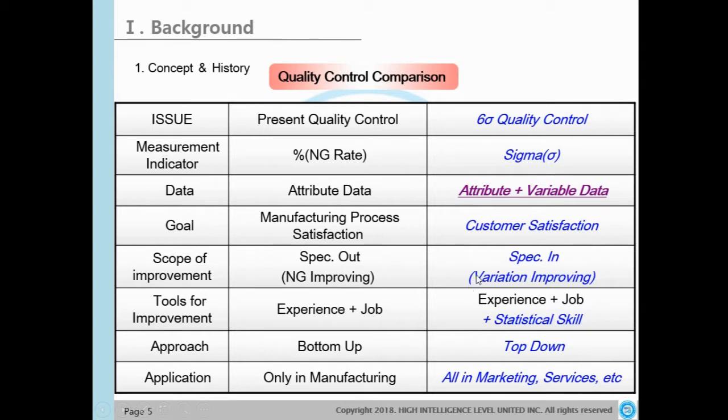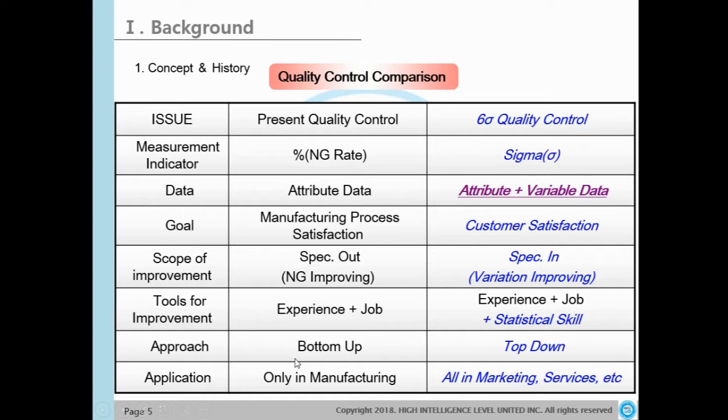But here, even if it is spec in, we want to focus on variation improving together with targeting. And for tools for improvement, statistical skills are also added.